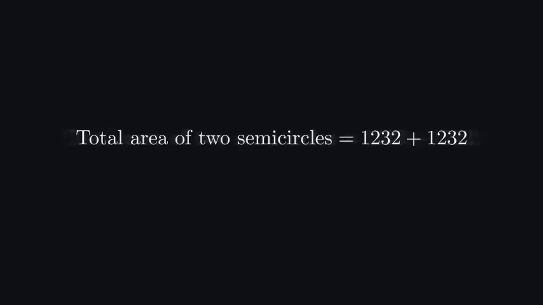Total area of two semicircles equals 1232 plus 1232, which equals 2,464 square meters.